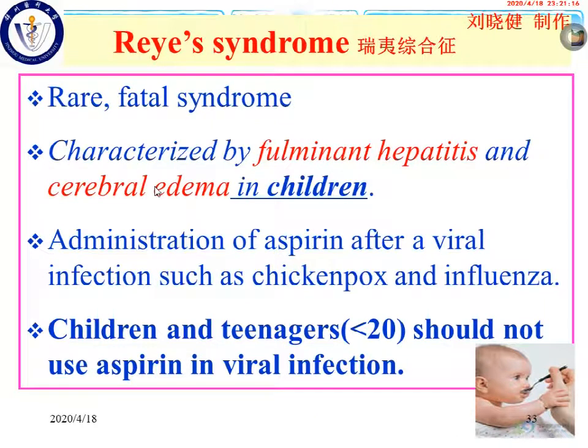This Reye's syndrome, although it is rare, is fatal. It is characterized by fulminant hepatitis and cerebral edema in children. It is usually caused by administration of aspirin after a viral infection, such as chickenpox and influenza.